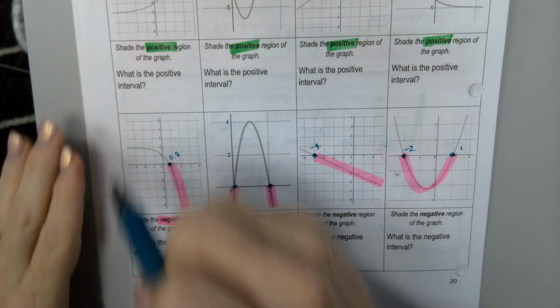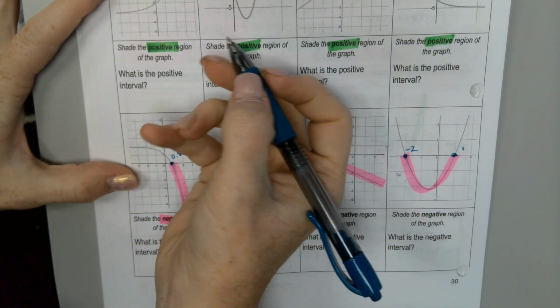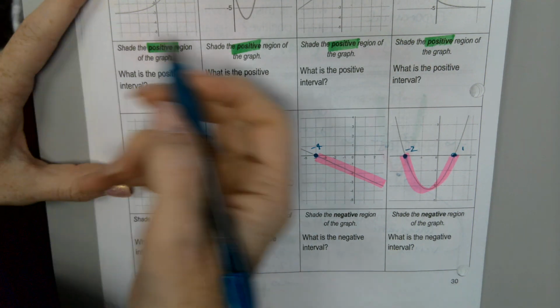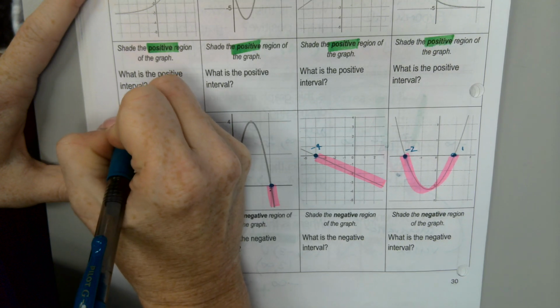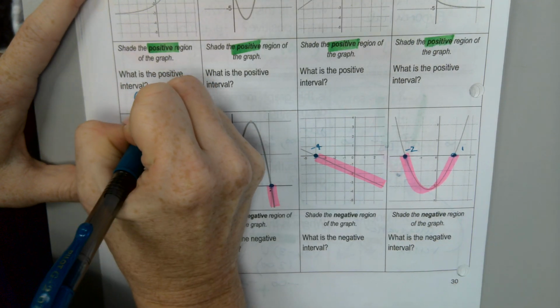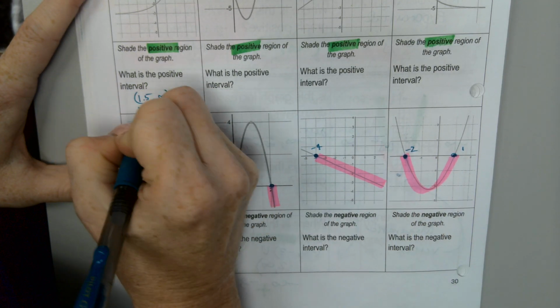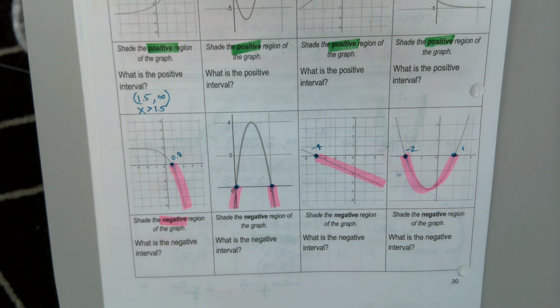All right. It says, what is my positive interval? Right here, remember, I'm going from negative infinity to positive infinity. My positive interval starts at 1.5 here and goes to infinity. You can write it like that, or you can say here, it's everything where x is greater than 1.5.